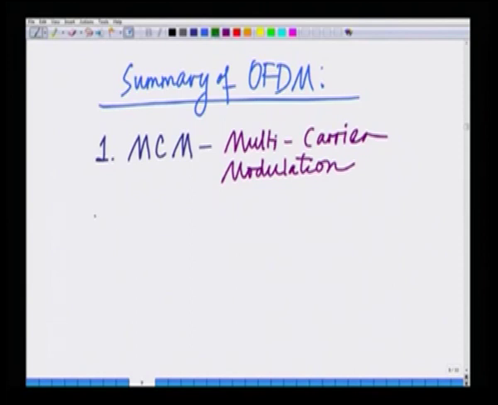Second, we saw OFDM itself. This leads to OFDM, which results from the sampling of the MCM signal.